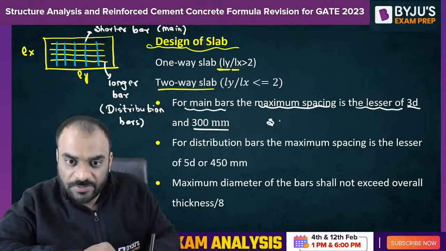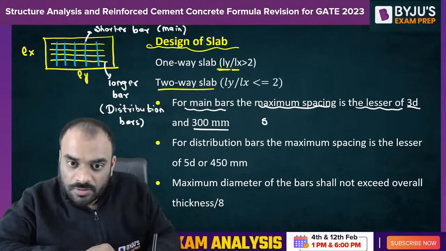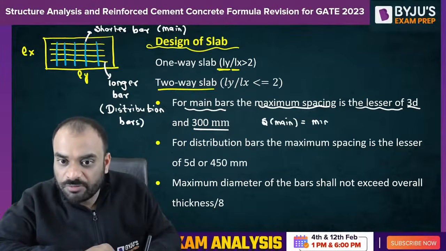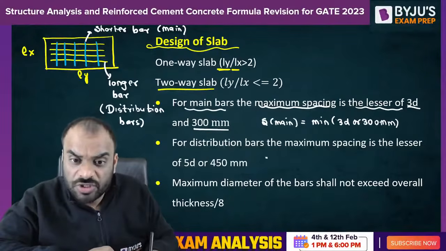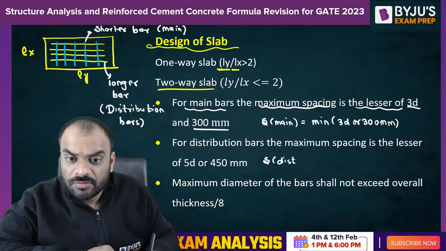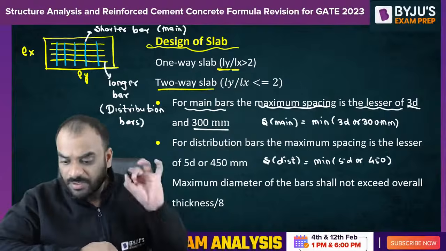So the spacing for shorter bar or main reinforcement is minimum of 3D or 300 mm. Similarly, the maximum permissible spacing for distribution bar is minimum of 5D or 450 mm. Clear?